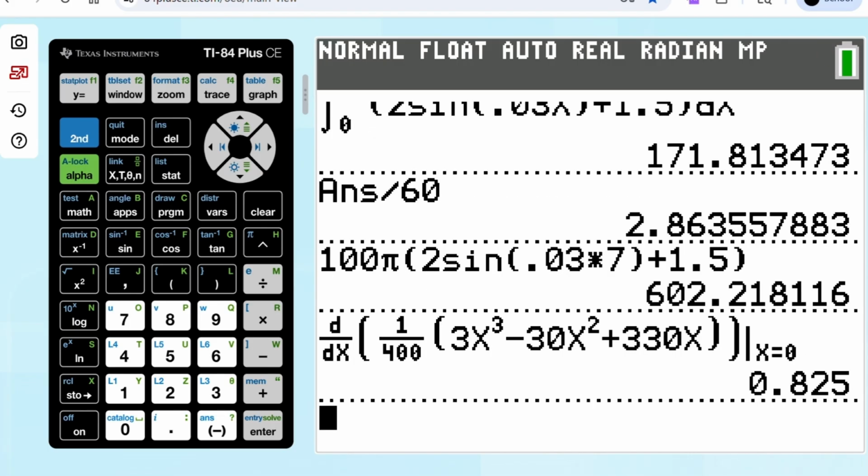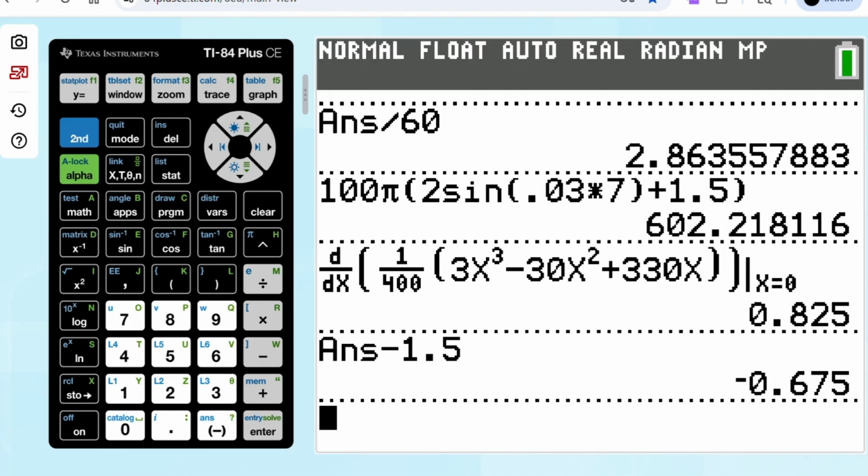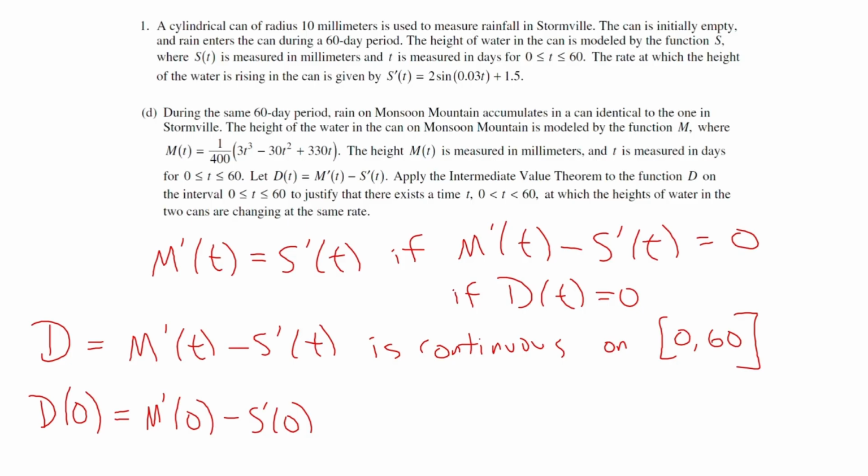If we subtract s prime of 0, it was 2 sine of 0.03t, so that part's just 0, and then it was plus 1.5, so we just subtract 1.5 from this, and we get negative 0.675. So this is equal to negative 0.675, which is less than 0.